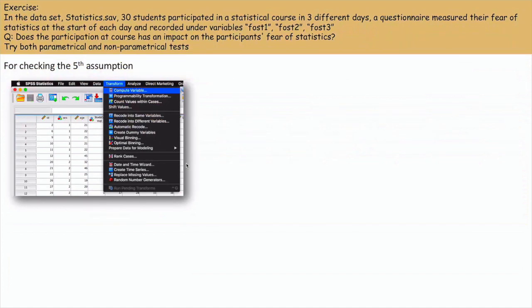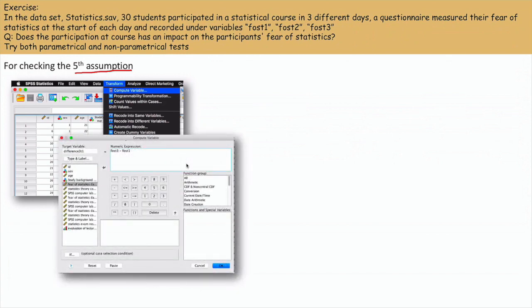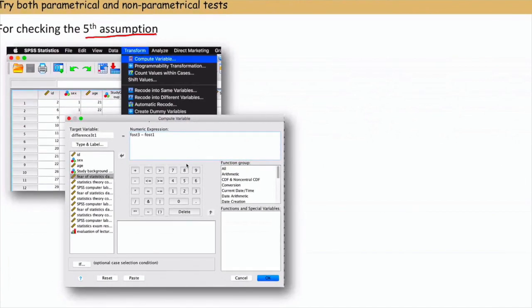But first, the fifth assumption, and here we can go to Transform and Compute Variable. In computing the variable, you make a new variable, as I explained here. Let's zoom in a little bit. I put the name difference, which should be 2 to 1.